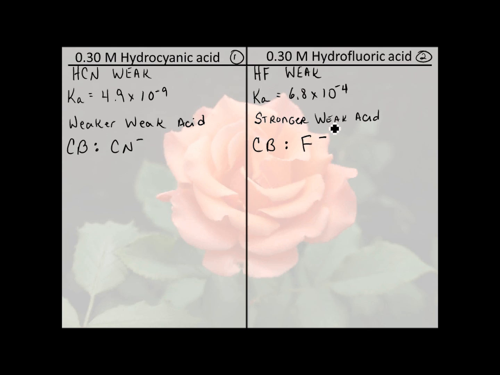Now predict which conjugate base is stronger. Because the hydrofluoric acid is the stronger weak acid, it's going to have the weaker conjugate base. Because the hydrocyanic acid is the weaker weak acid, it's going to have the stronger conjugate base.